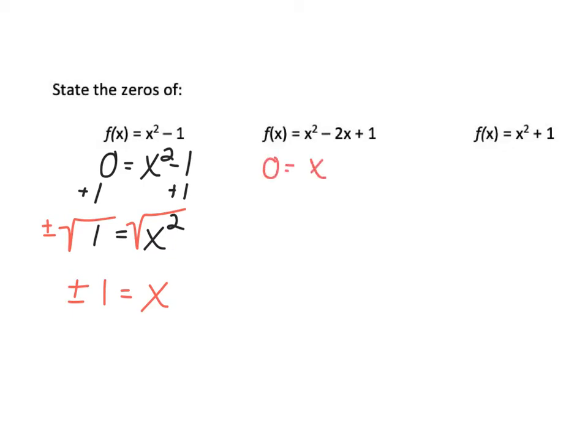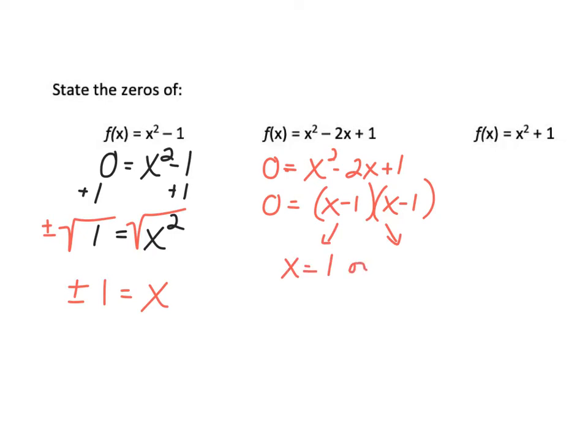In the second one, well, we can again let y be 0. This time, I'm thinking I can probably factor this into, let's see, x minus 1 and x minus 1. So by the ZPP, I get x equals 1 or x equals 1.